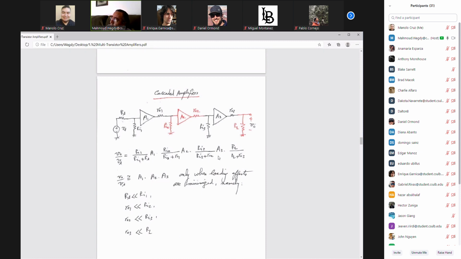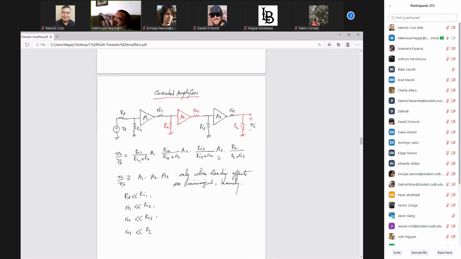So a lot of times I pass by students in the lab, and he wants to design an amplifier of a gain of 30, for example. So he has one stage with a gain of 5, another stage with a gain of 6. But when he builds it in the lab, he doesn't get the 30.